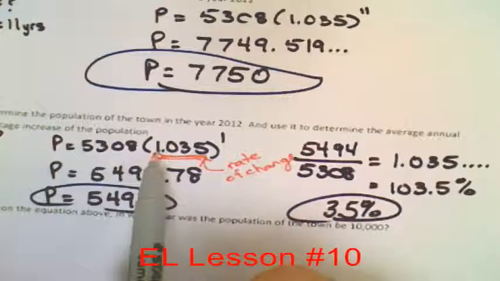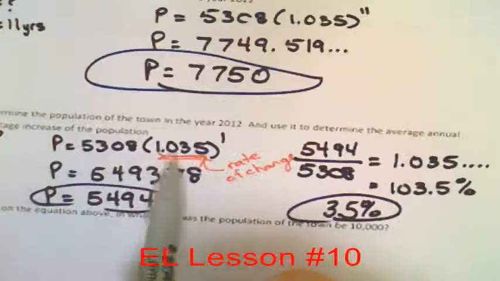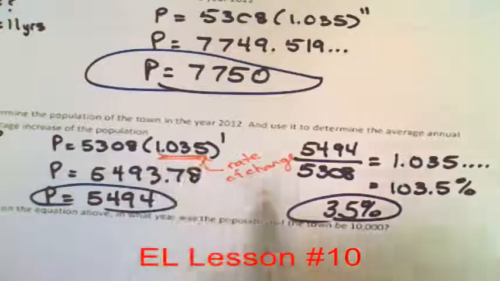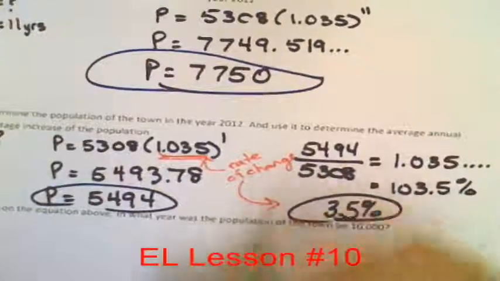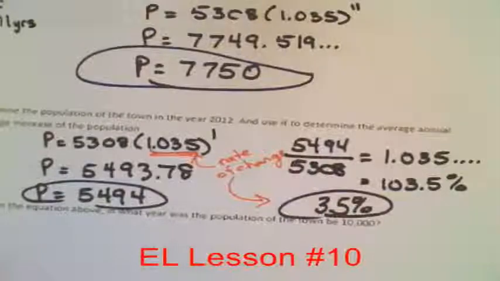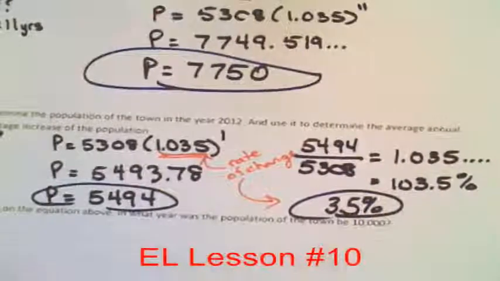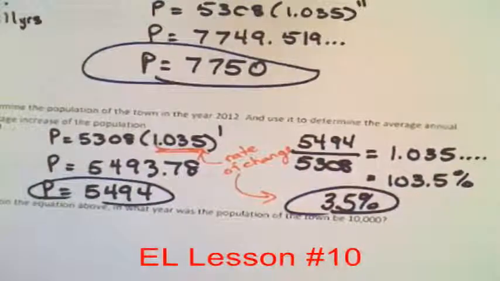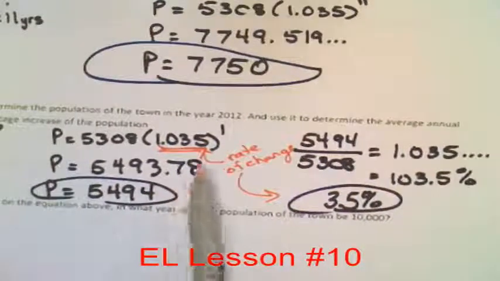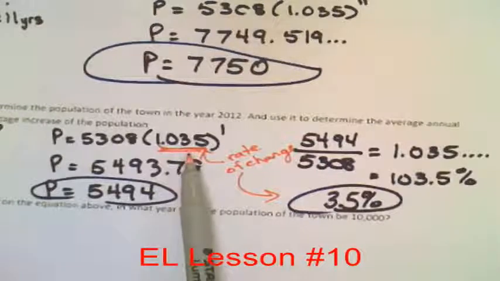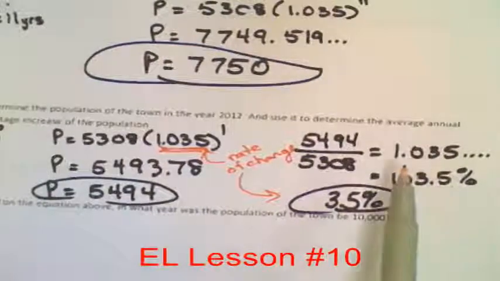The value that's in the base of this exponent is the rate of change. So this is the rate of change. What this is telling me is each time you go past 1 year, or past one period, it's going to be 103.5% of what it was before, or it's increasing by 3.5% per year.